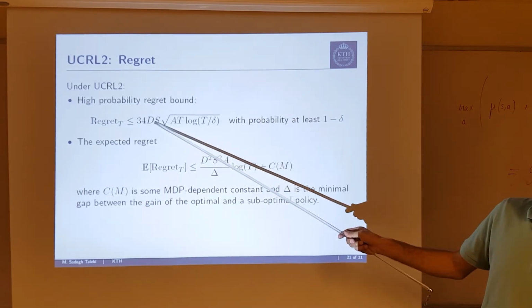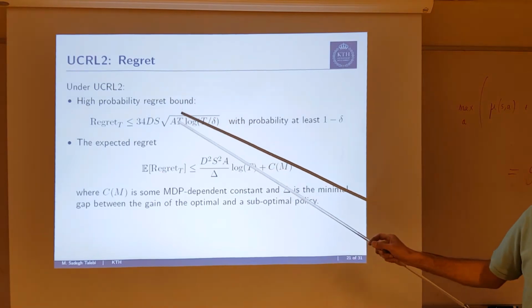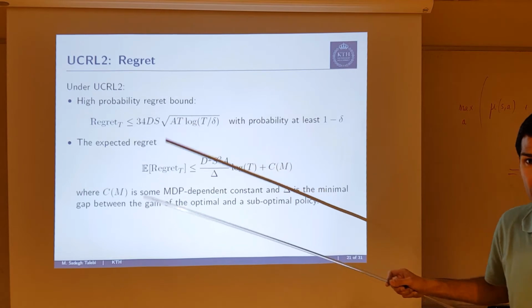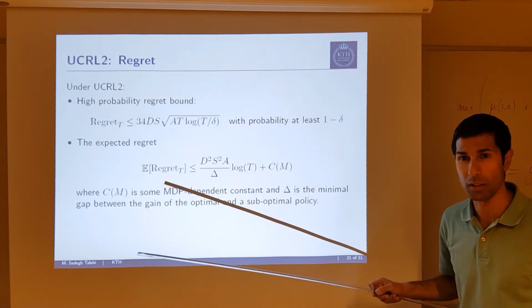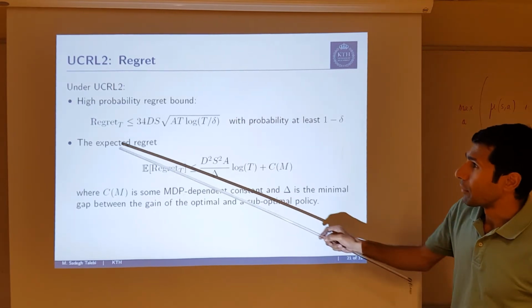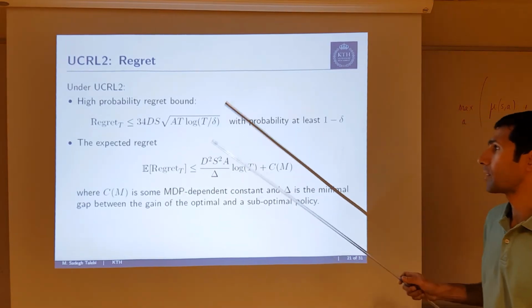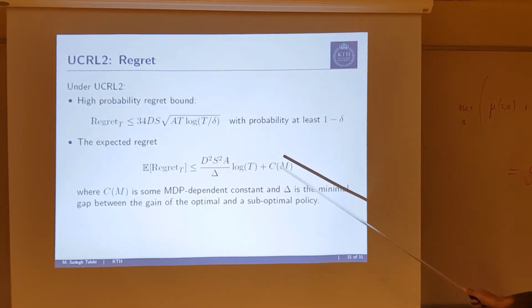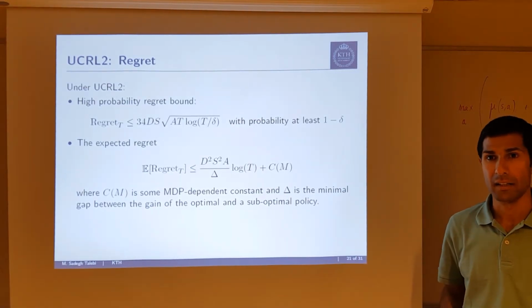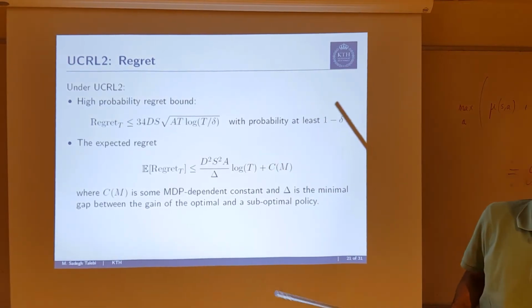But the diameter is here and the number of states is here. A little bit later we discuss whether we can improve this or not, because this is the important thing, and we can judge it through the lens of lower bounds. We have this upper bound on the expected regret, up to some additive constants, which are not a function of T but a function of parameters determined by your MDP at hand.